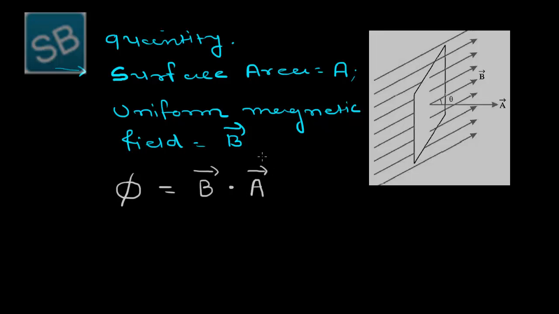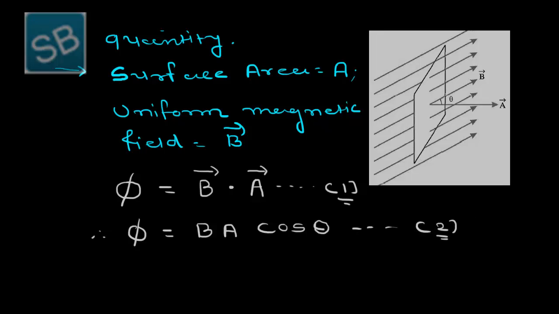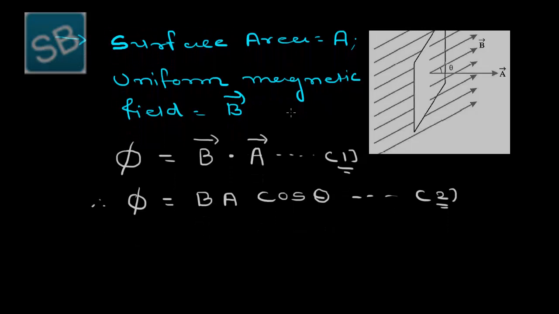Now see, this direction of surface A is for normal. It's for normal direction because in the scalar product there are two vectors. So we know that the scalar product of two vector quantities will give you a scalar. And now if we further expand this equation, then B dot A is BA cos theta, where theta is the angle between the magnetic field and the surface area.